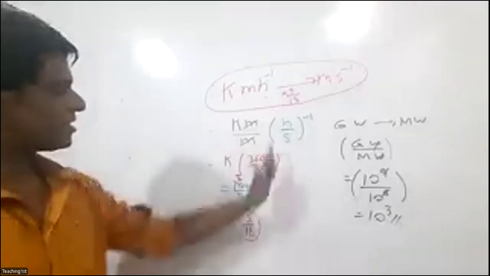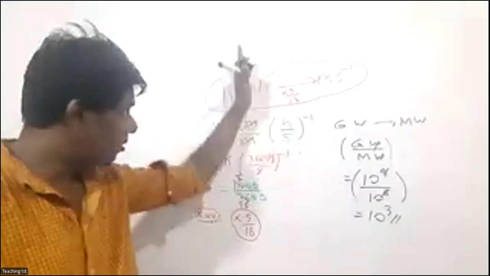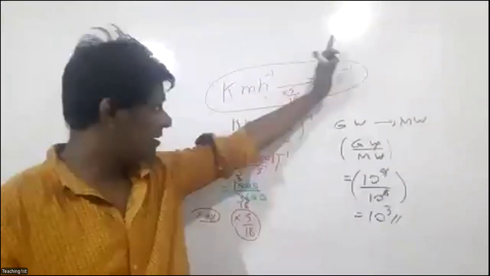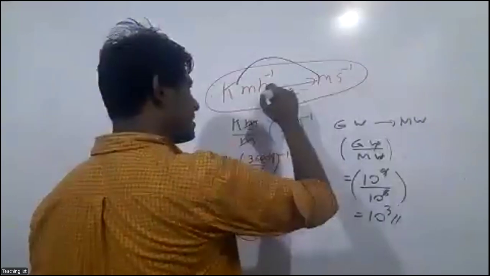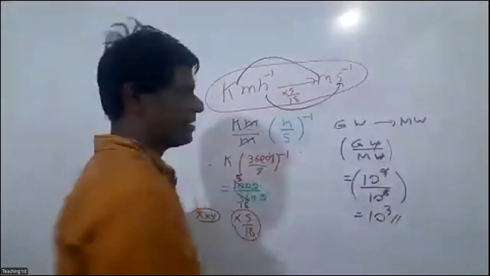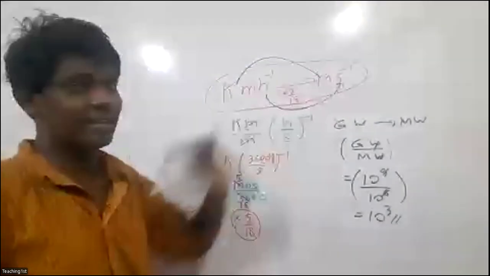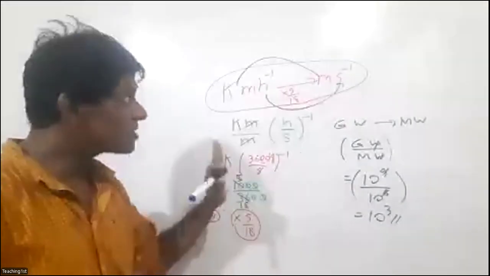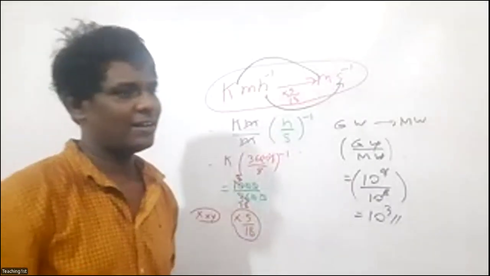Understand? Here, this is not a single effect. It consists of kilometers to meters and per hours to per second. See, kilometers to meters and per hours to per second. Understand? Right.